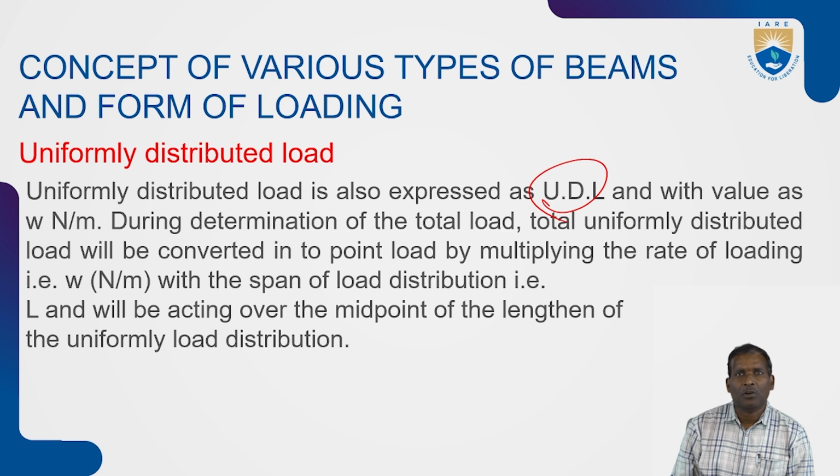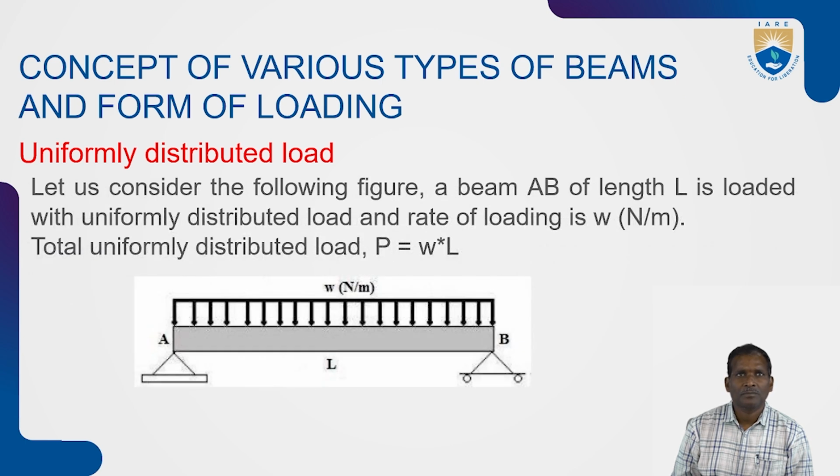During determination of the total load, the total uniformly distributed load will be converted into a point load by multiplying the rate of loading, that is W Newton per meter, with the span of load distribution, that is L. It will be acting at the midpoint of the length of the uniformly distributed load.